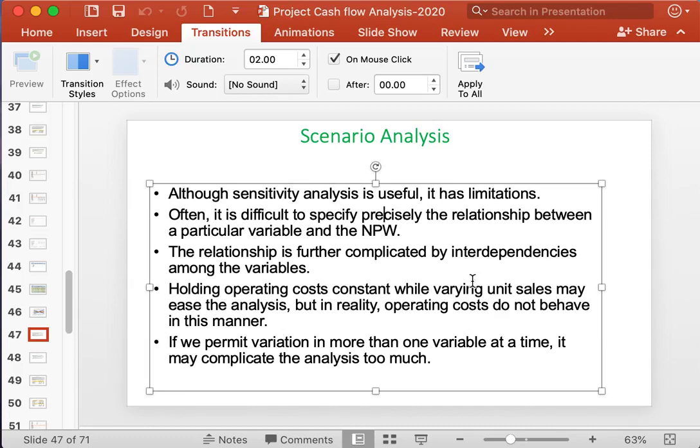The other thing is that the relationship between the net present worth and the key variables could happen because of the interdependencies among the variables.